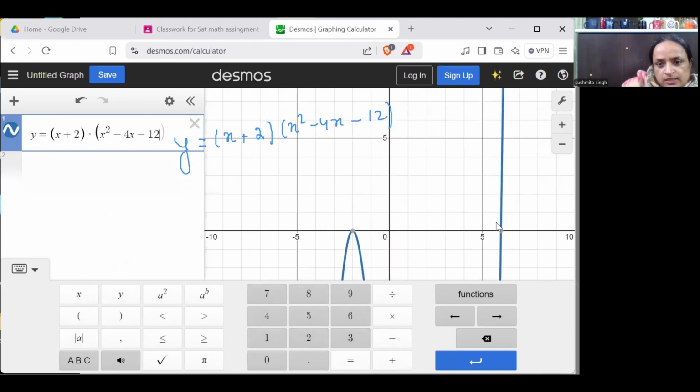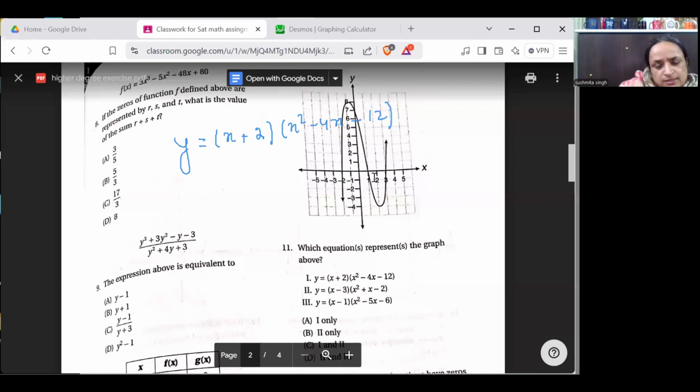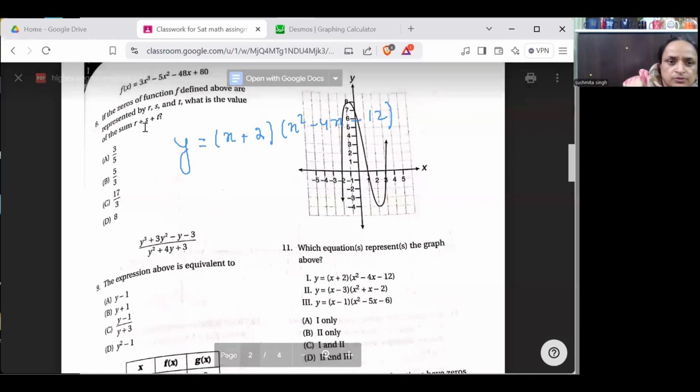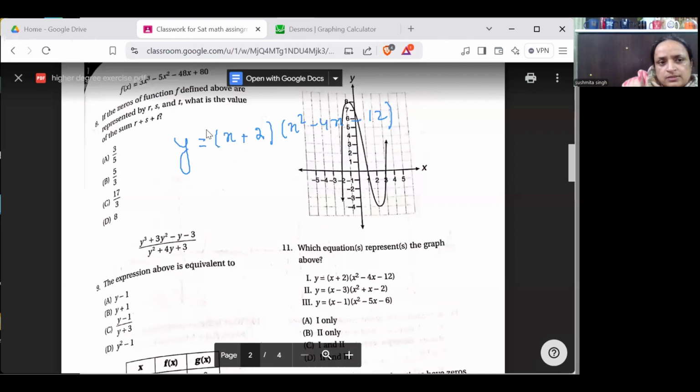So my roots are negative 2 and 6, right? So obviously this graph is not the same, so the first one is not the answer. Similarly, you do it for the second one.